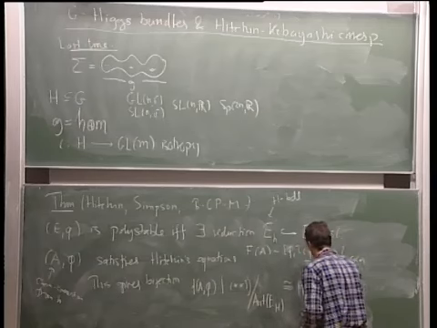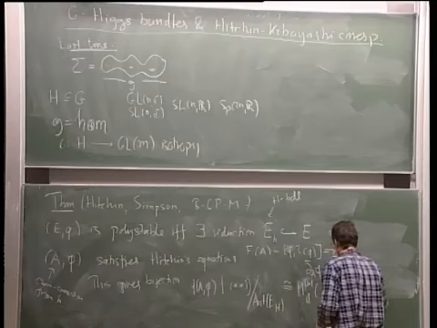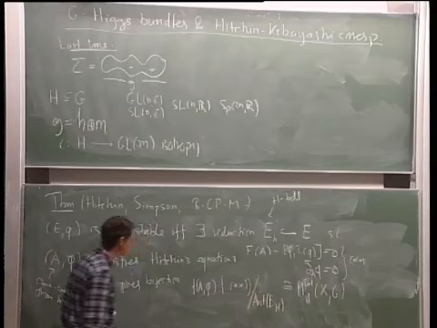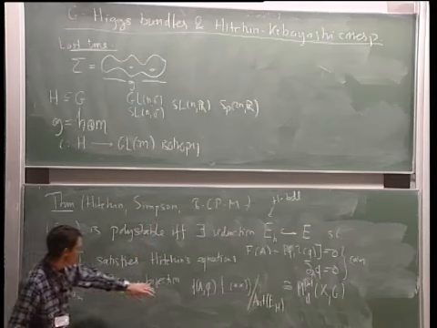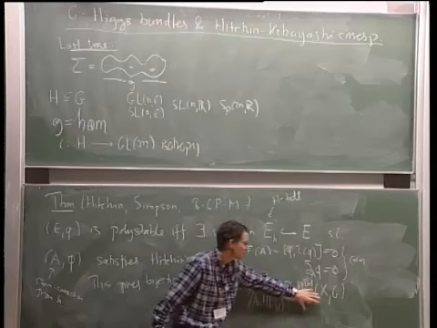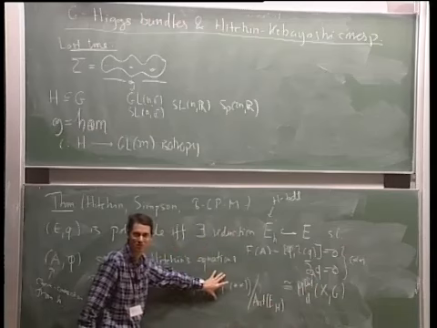This last statement is slightly stronger than just the statement about the solution, because it says that isomorphism classes of G-Higgs bundles correspond to gauge equivalence classes of solutions.